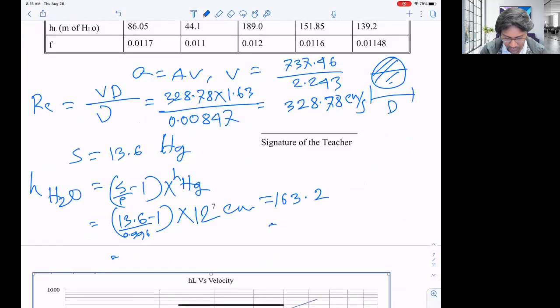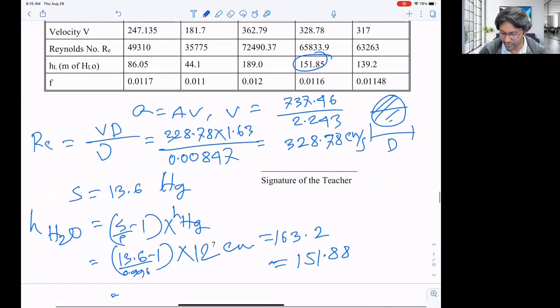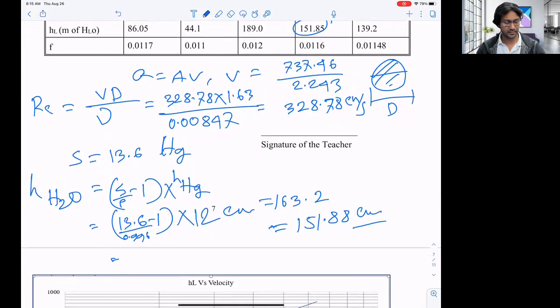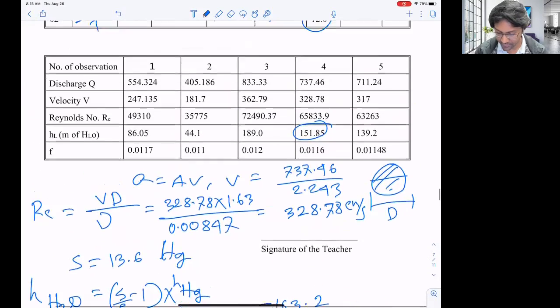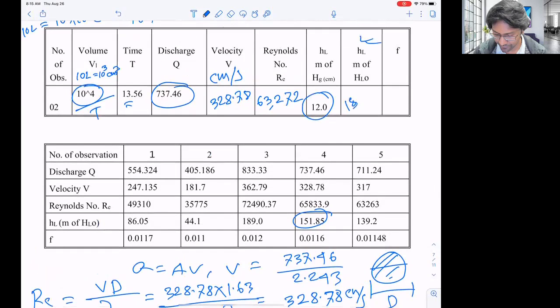So 13.6 divided by 0.996, minus 1, multiplied by 12, gives 151.85. We can keep that because we have this value here. You can use that correction as well, no problem, since it is a matter of temperature and we are just trying to make an accurate calculation. So for each of these groups we have 151.88, and what will be the value of F?